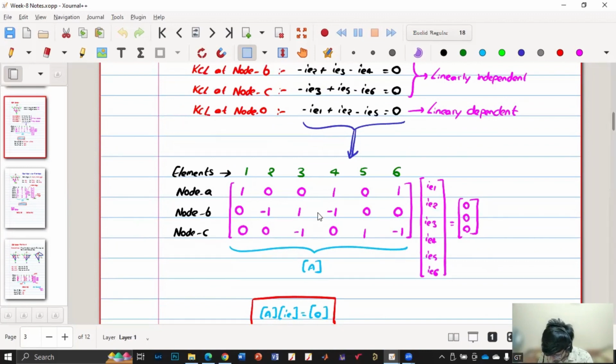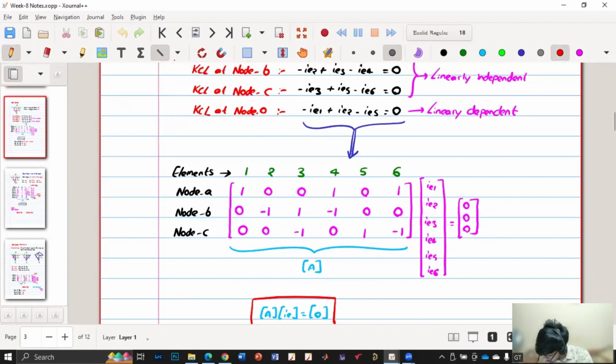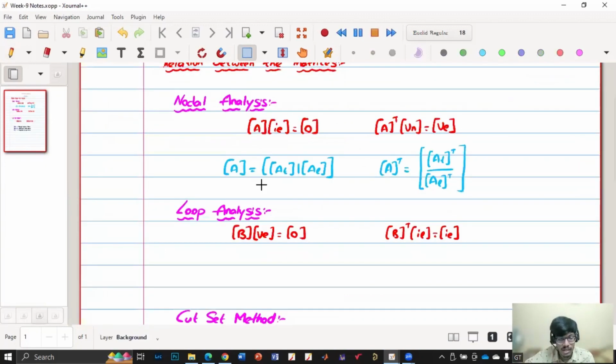So we have drawn a line here, and this part corresponds to A twigs, and this part corresponds to A links. So which is what I have written here: A is A twigs and A links.